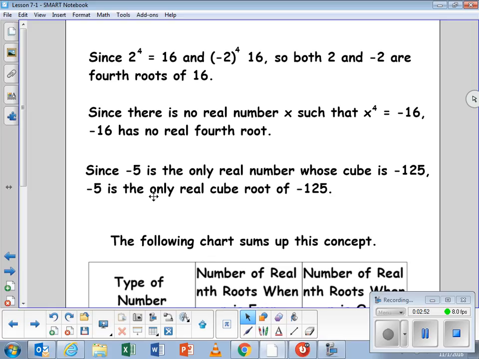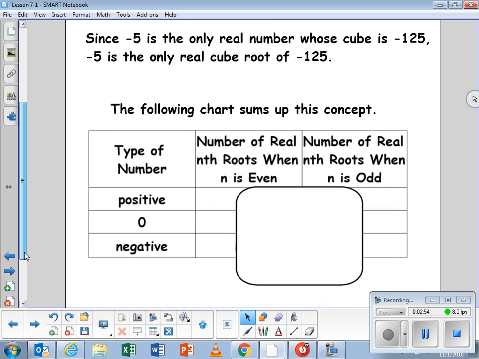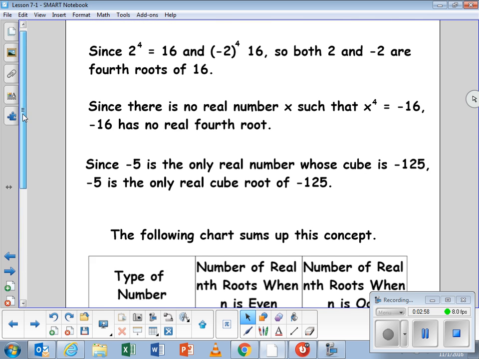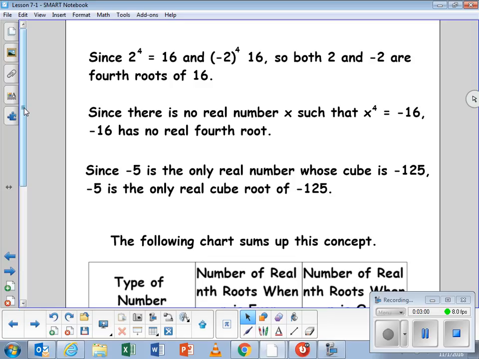So the following chart sums up the concept we're trying to get across here. The type of number. Up here we had a positive number, and it had how many real roots? 2. And it was an even root, wasn't it? Okay. Then we had an even root with a negative number right here.